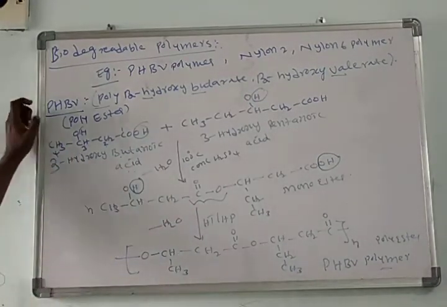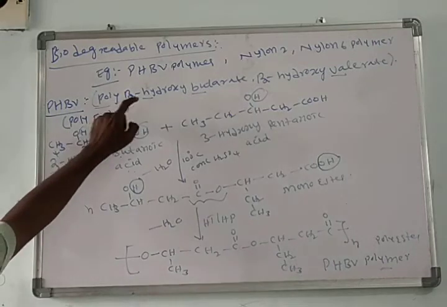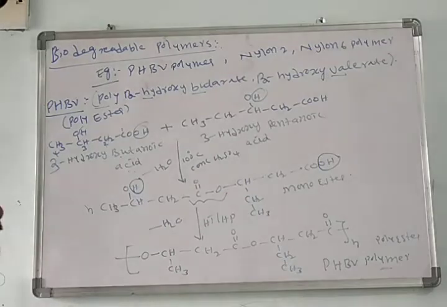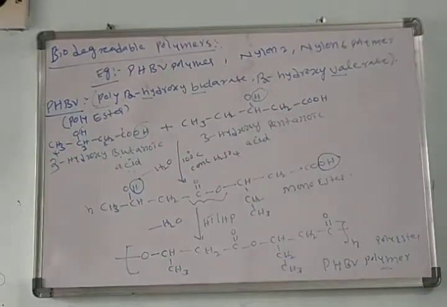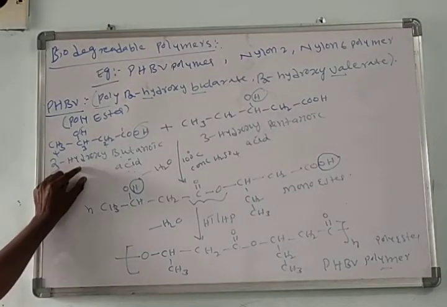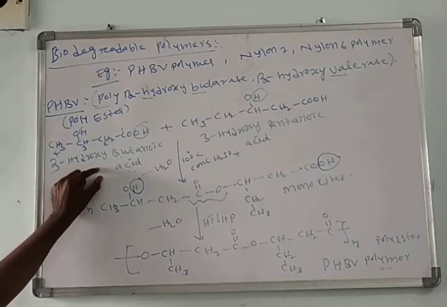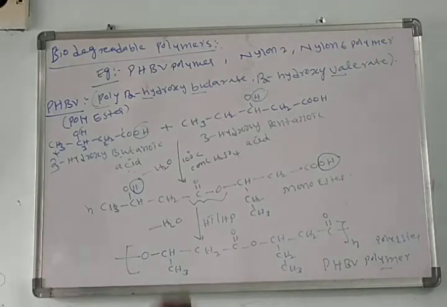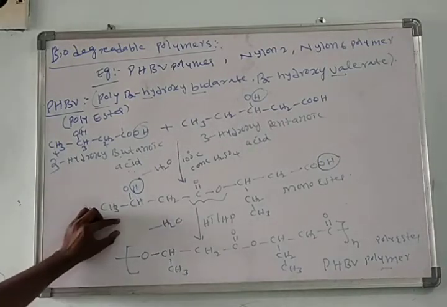What is the PHBV polymer? Poly beta hydroxy butyrate, beta hydroxy valerate, which is an ester. It is prepared from 3-hydroxy butanoic acid and 3-hydroxy pentanoic acid, forming the monoester.